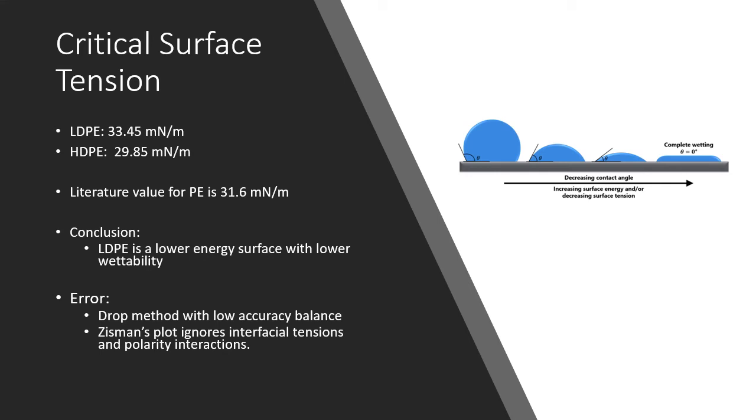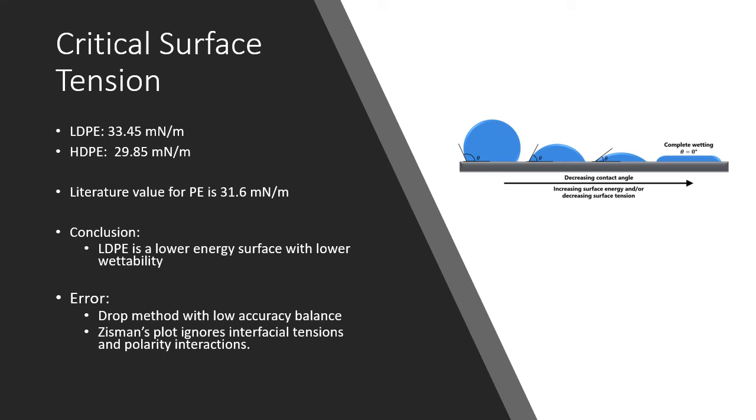So we can see that the calculated critical surface tension for the wettability of the surface for low density polyethylene is 33.5 millinewtons per meter, and HDPE is close by at about 29.8. I also looked at the literature value. The literature value for polyethylene is 31.6, and we can see that these two values actually bridge that.